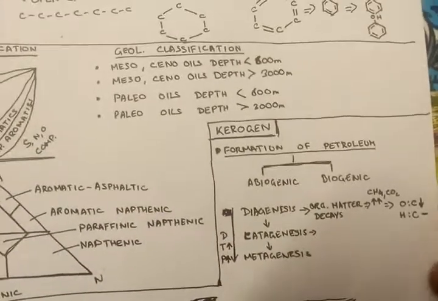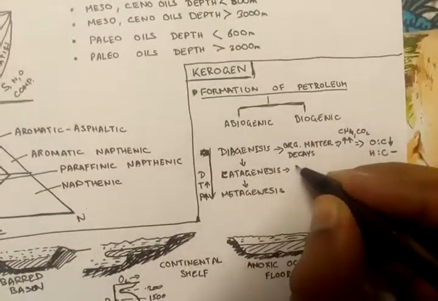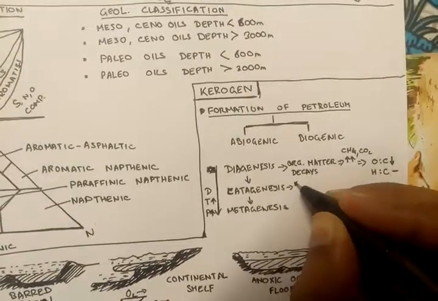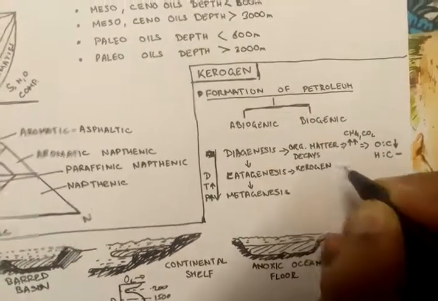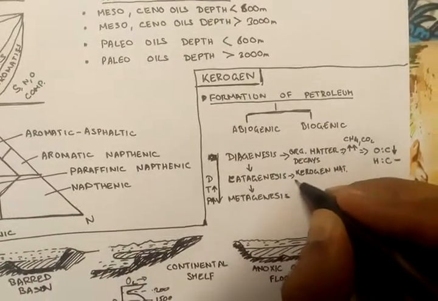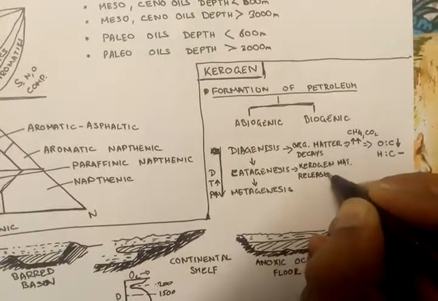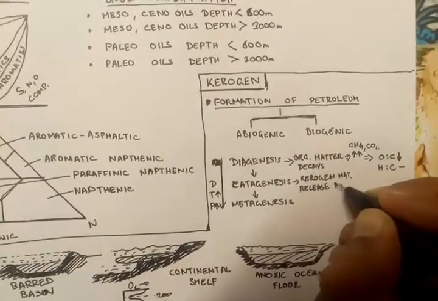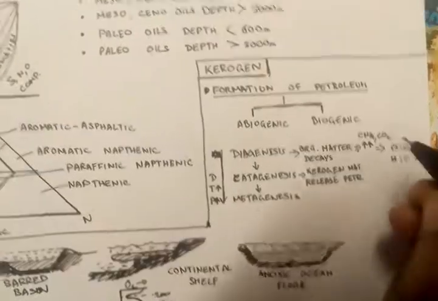So during catagenesis, this kerogen matures and releases petroleum.